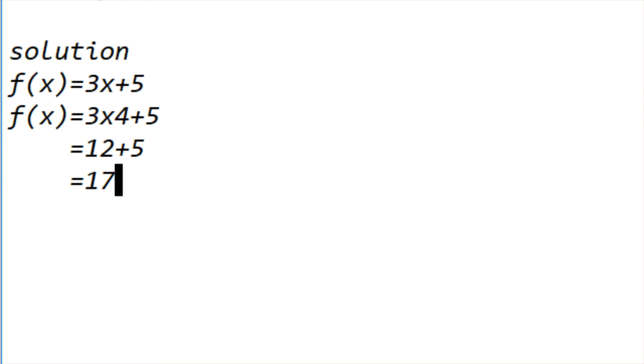So this is the beginning of the linear function at elementary level.